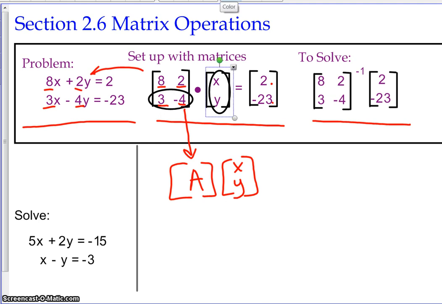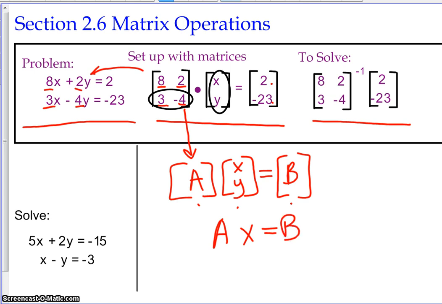So I'm back down here now, and we have this A times the xy, and we know it equals the 2 and the negative 23. And really we're going to think of this as our matrix B, another matrix. Well, A times some variable equals B. So if I just said Ax equals B, to solve this for my variable or variables, I'd want you just to divide by A on both sides.